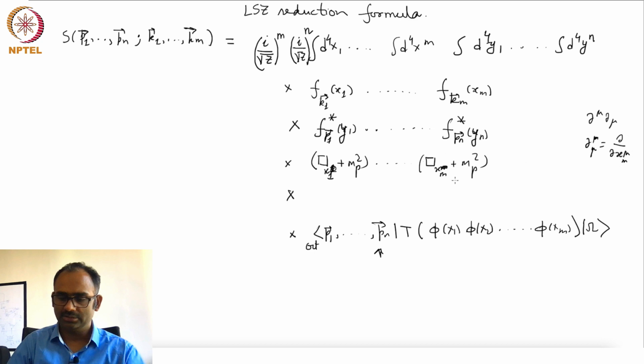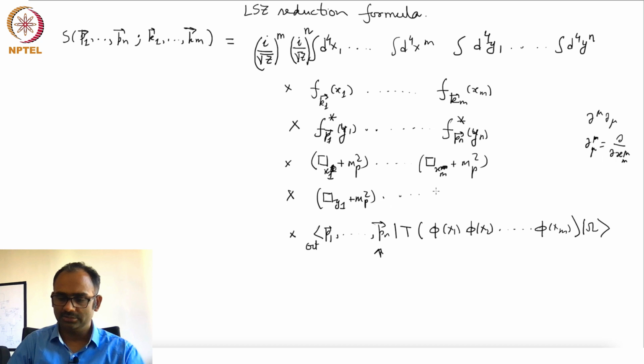So, that is what we have in here, and when we are getting rid of this out state, we will have, just like these differential operators, box y1 plus m_p squared. So, now this box which is again del mu, the derivative is with respect to y1 mu.